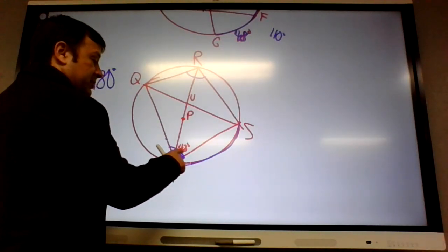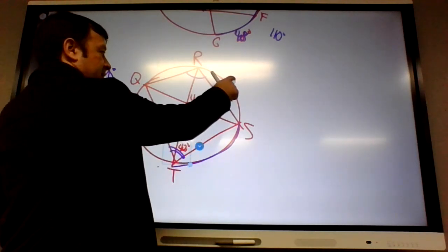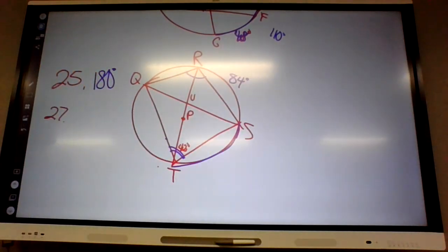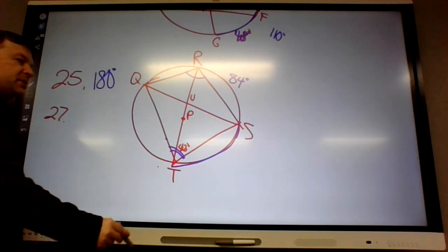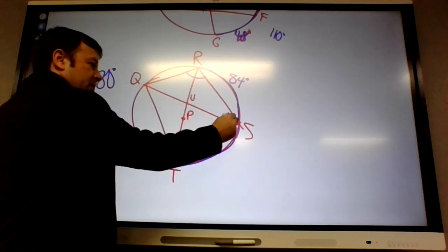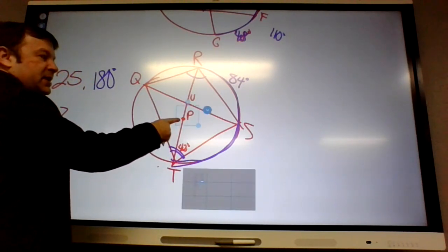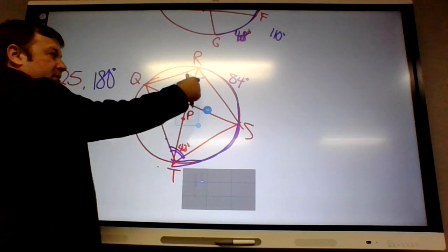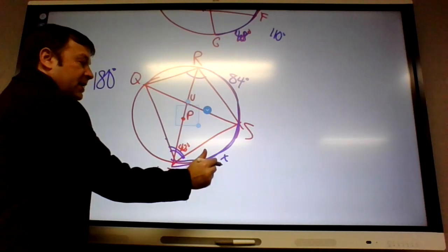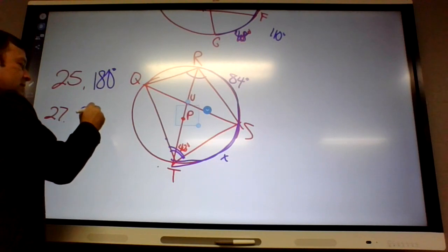If this is 42 degrees right here, what does that tell me? That is 84, 42 times 2. What do I know about this big arc right here? That equals 180. This time, that actually is a diameter. This does go through the center. So unlike the other problems, this is 180. So if I need just this part, it's 180 minus 84, which is 96.